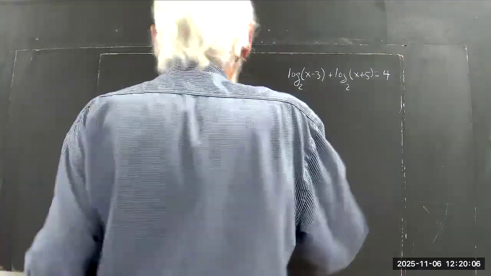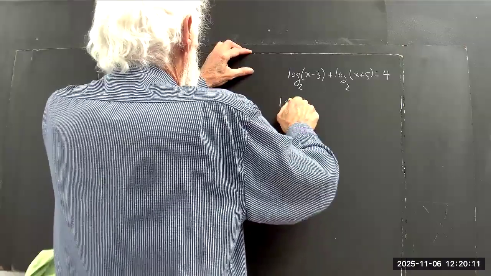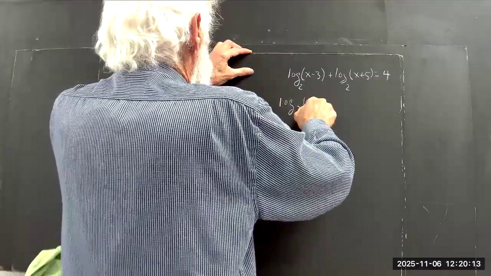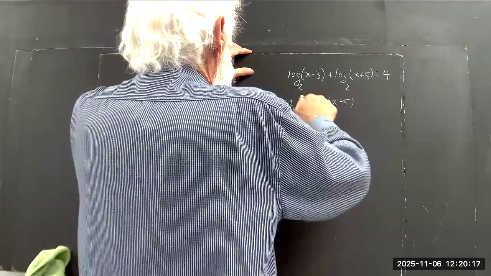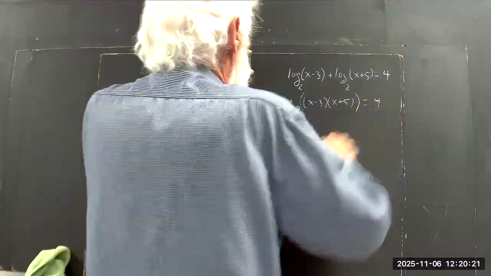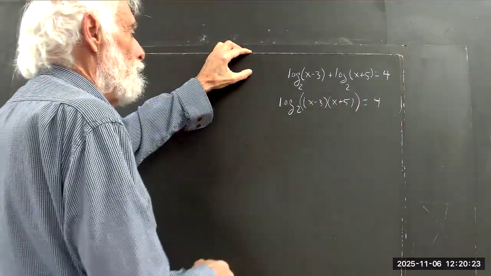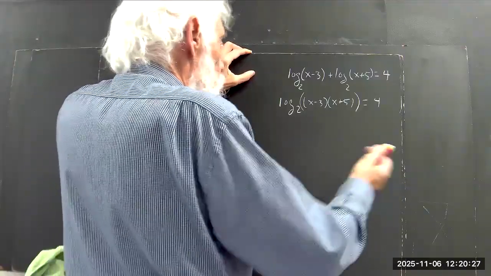Using sum of logs, this tells us that the log base 2 of x minus 3 multiplied by x plus 5, and we put that in an extra set of parentheses, equals 4. Then what do we do? Well, there's other equivalents.